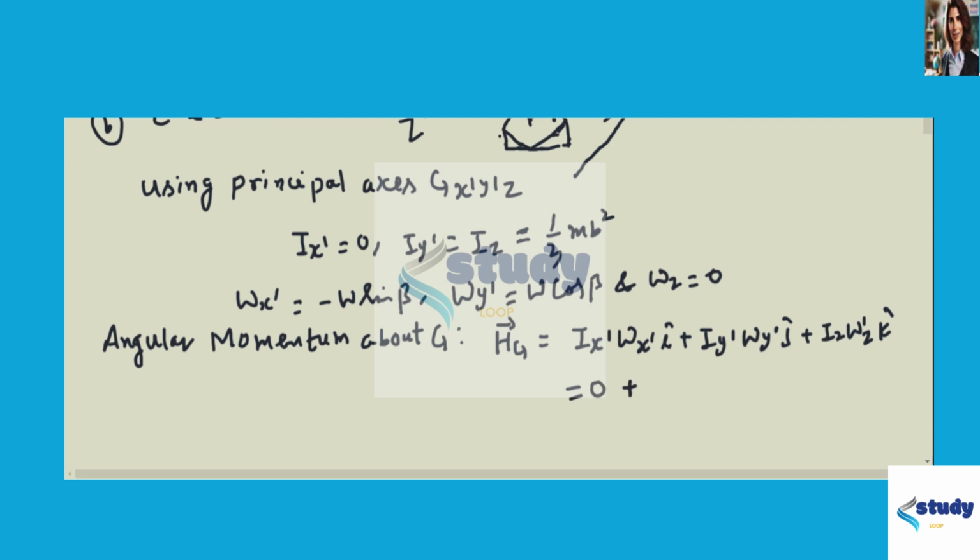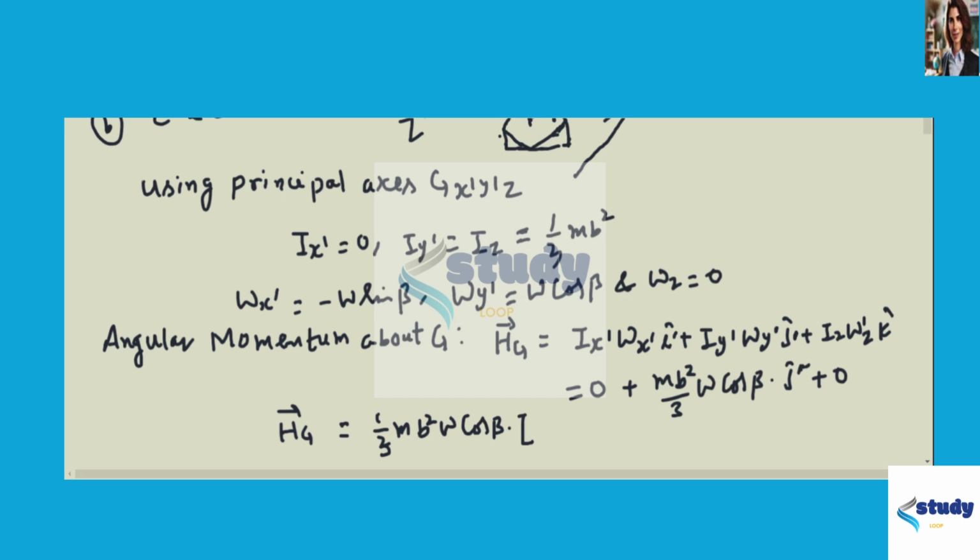This is mb square by 3 omega cos of beta j cap, and the omega z is 0, so this becomes 0. So from here you can write angular momentum about G would be one third mb square omega cos of beta into j', this is actually j'.